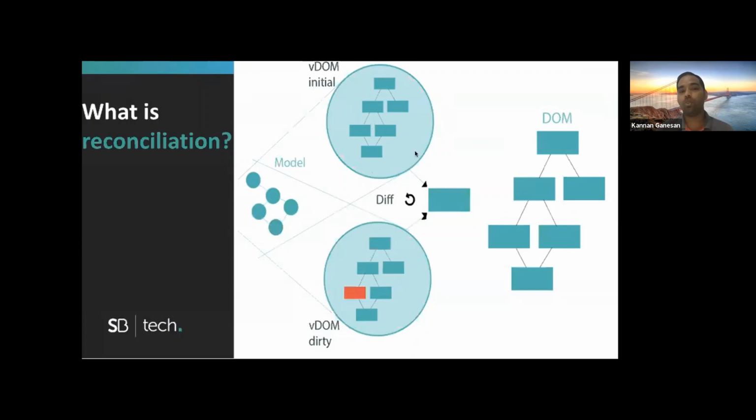It will find out what exactly changed using the reconciliation algorithm, and it will update the necessary DOM rather than updating the whole tree. This is one of the main advantages, one of the highlighting features that React brings to us. This is the main reason why we migrated from JavaScript to React.